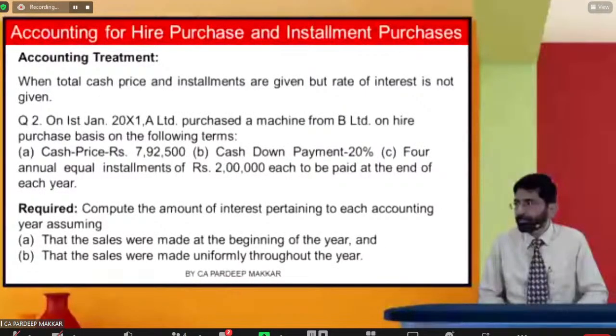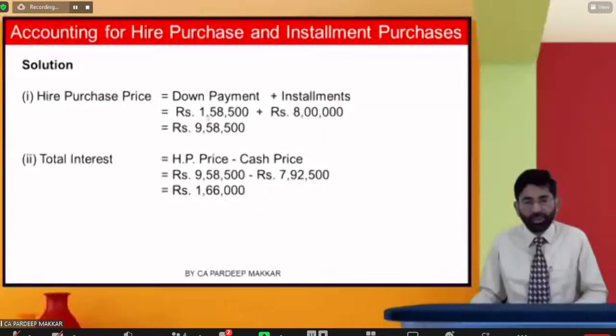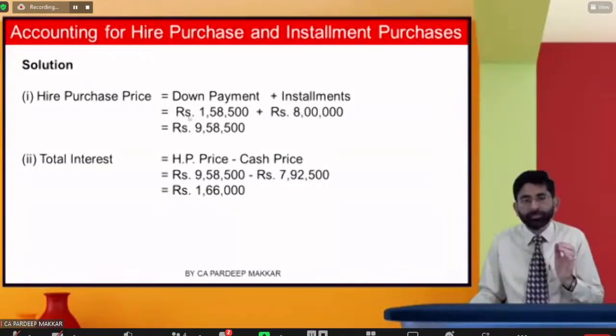Beta, fast we have to do it. 1,66,500 is 20% of 7,92,500. So how to calculate the HP price?